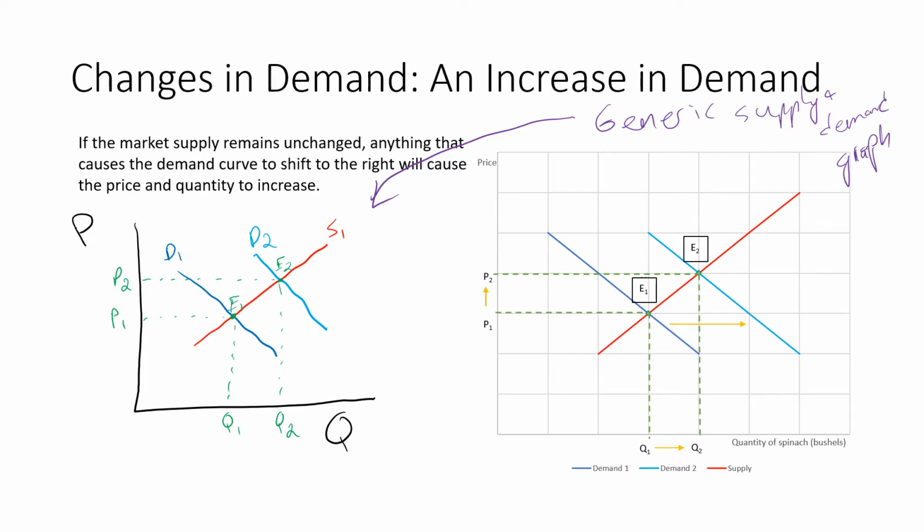That is what this arrow is indicating. Our demand curve 1, this darker blue one, is shifting this way to our new one, this lighter blue one indicated down here. And so at any price point, like at price 1, the quantity demanded for spinach has increased.